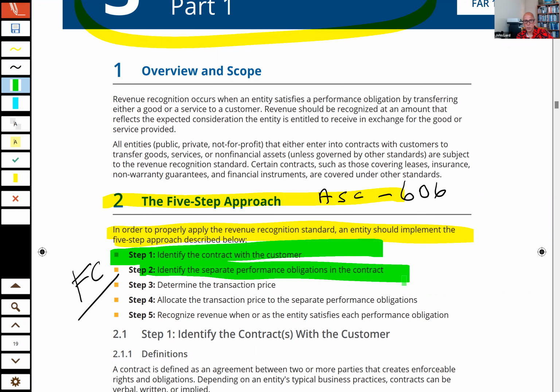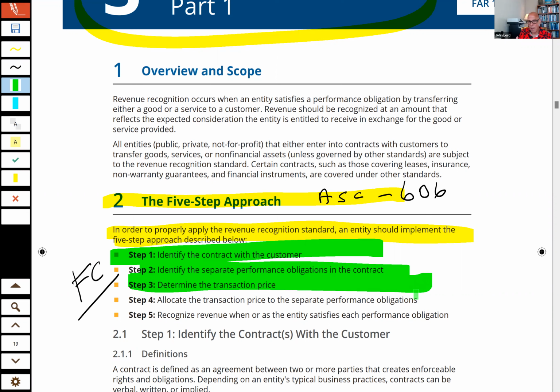Well, I'm going to deliver you the equipment, but then I'm also going to sell to you a maintenance program associated with that particular equipment. Well, that would be 2 separate service obligations. And when we look at these, they could be recognized at a single point in time or over time. Okay. Now, we will determine the transaction price, and that's basically whatever the contract price is.